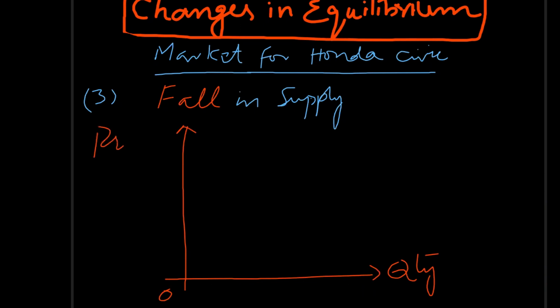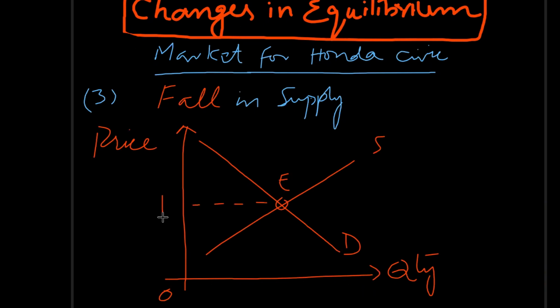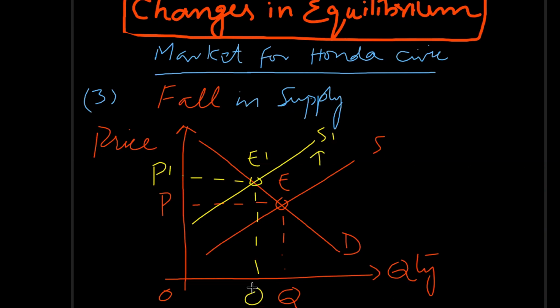To show the changes in market for Honda Civic due to fall in supply, we will have to repeat the same process, draw demand curve and supply curve, label equilibrium as E, where price is P and quantity is Q. Now fall in supply, as a basic principle of demand and supply, shifts supply curve to the left to S1, so new equilibrium is E1, where price is P1 and quantity traded is Q1.